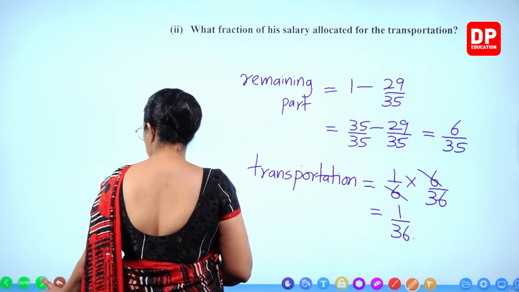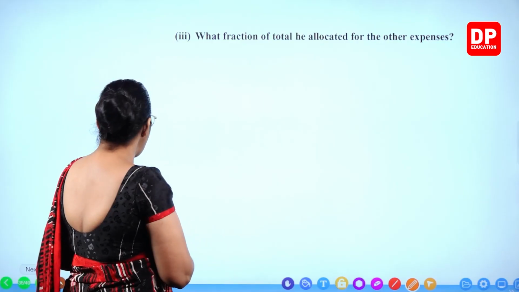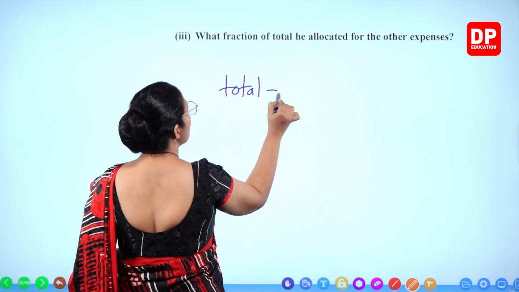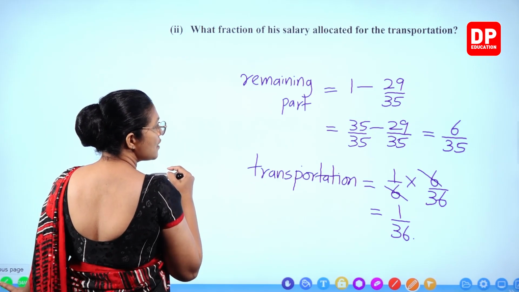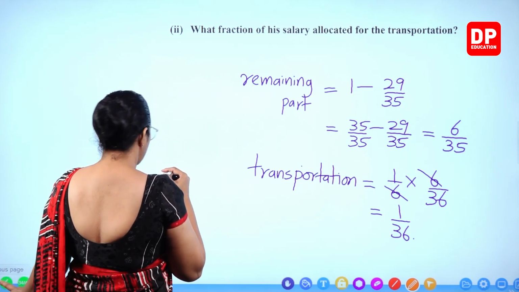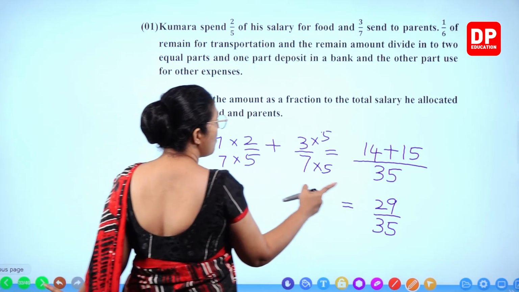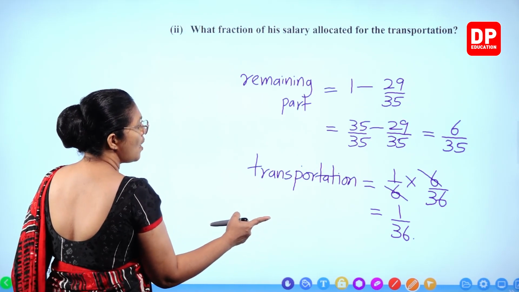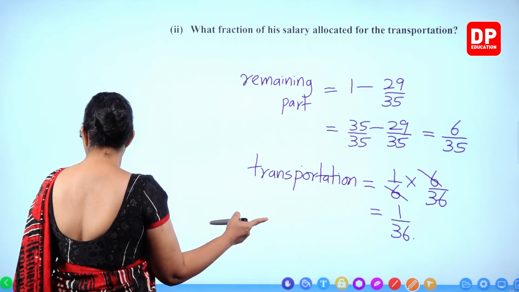Then the next part, it says, what fraction of the total did he allocate for other expenses? So now what is the total amount he spent? In the first part, it's 29/35. Then the next one, 1/35 for transportation.